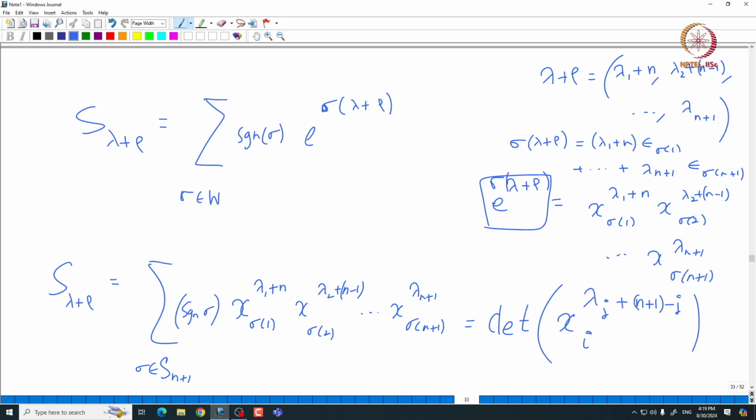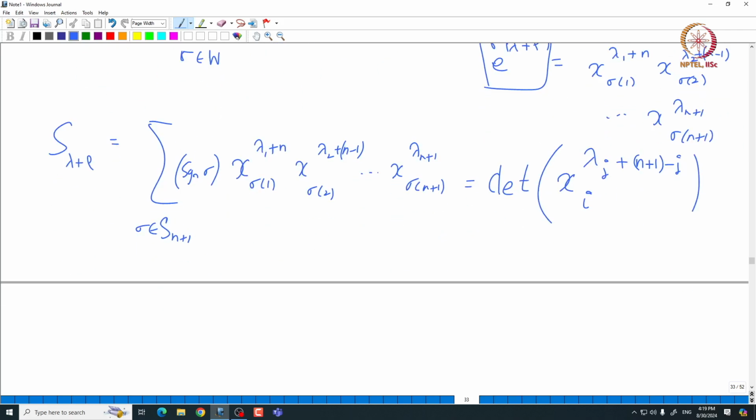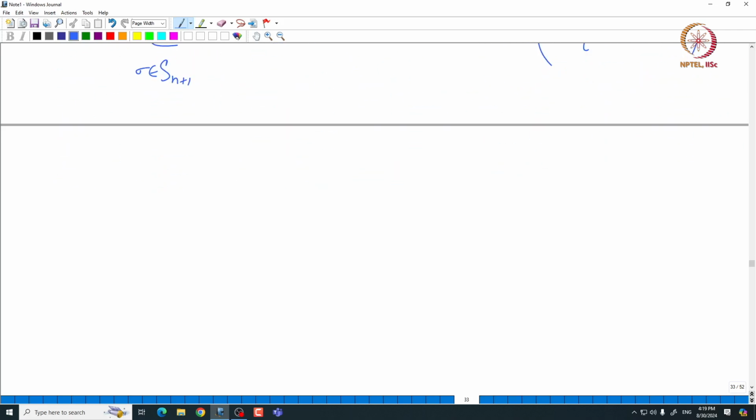So this is exactly the term that you get on the right side. Then you can write this χ_λ using this determinant formula.